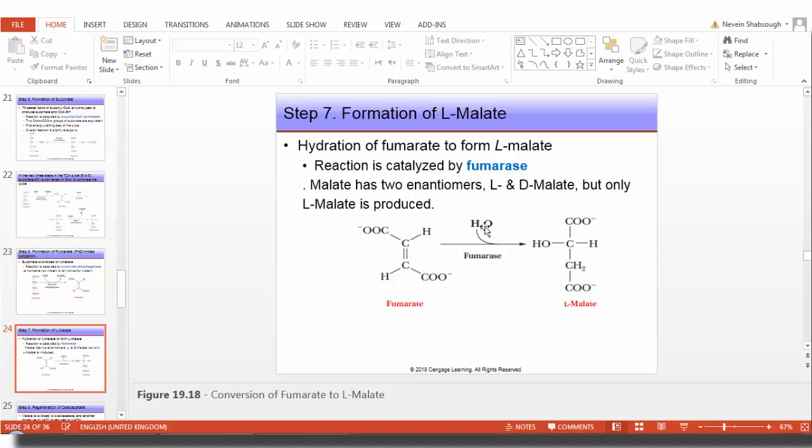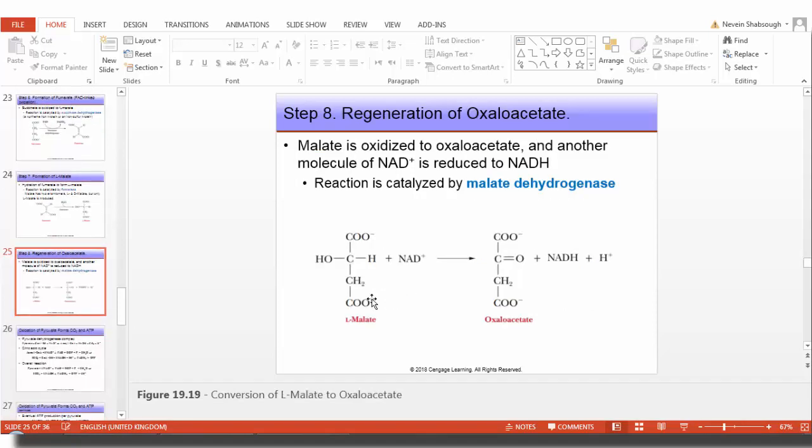Now, step number 7, formation of L-malate, is catalyzed by an enzyme called fumarase. This is a hydration reaction, addition of water across this double bond to give us L-malate. Malate has 2 enantiomers, L and D malate, but only L-malate is produced in this reaction. Then the final step in the cycle, step 8, regeneration of oxaloacetate.